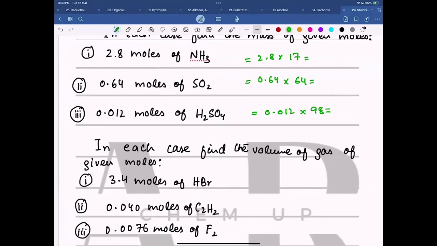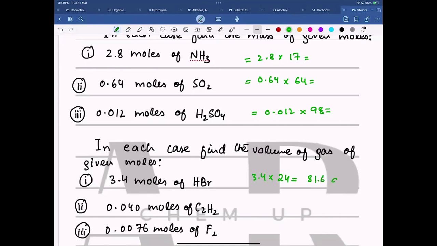And then over here, 3.4 multiplied by 24. So what value we got? 81.6. 81.6, and after 6 there is no figure?